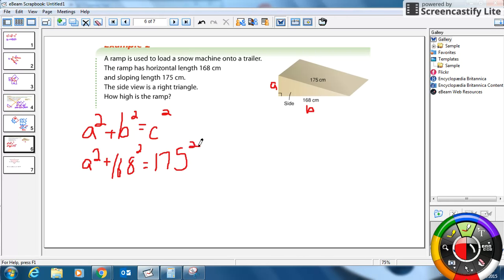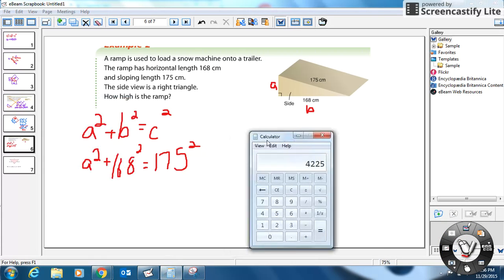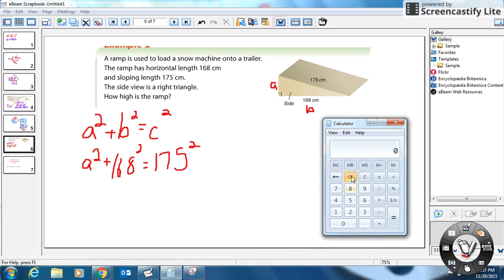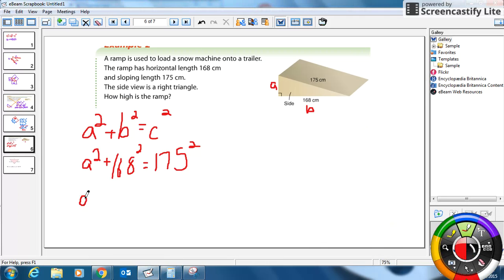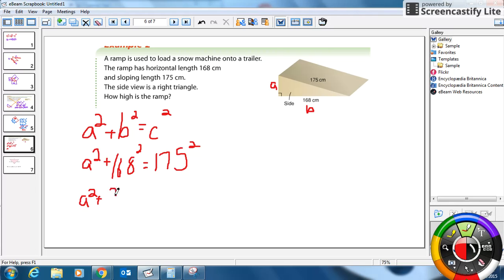We're going to get some big numbers here, but we have a calculator, and I encourage you to use it. Okay, so A squared, bring down my formula, plus 168 squared. Let's erase everything. 168 times 168 equals, wow, 28,224.